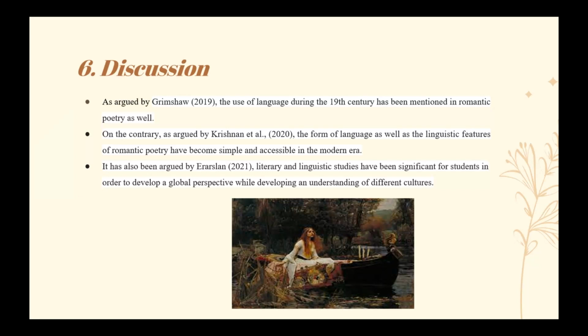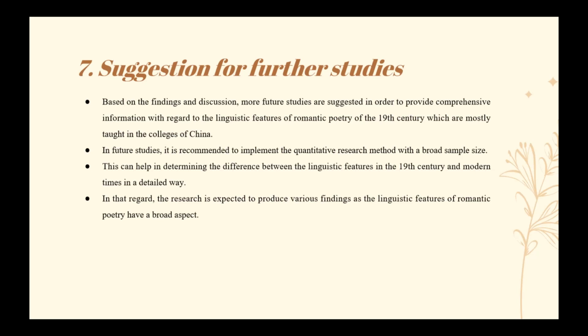And also it has been argued that literary and linguistic studies have been significant for students in order to develop a global perspective while developing an understanding of different kinds of cultures.